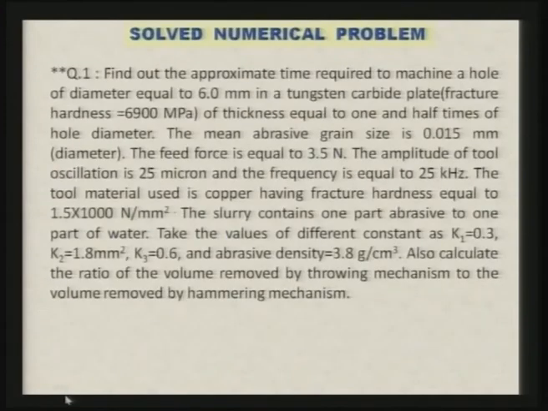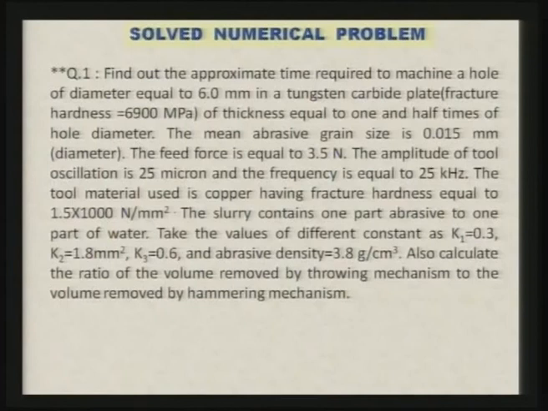Now, let us take one example to understand how the forces etc. can be calculated. Find out the approximate time required to machine a hole of diameter equal to 6 millimeter in a tungsten carbide plate whose fracture hardness is equal to 6900 megapascal and whose thickness is 1.5 times the hole diameter.